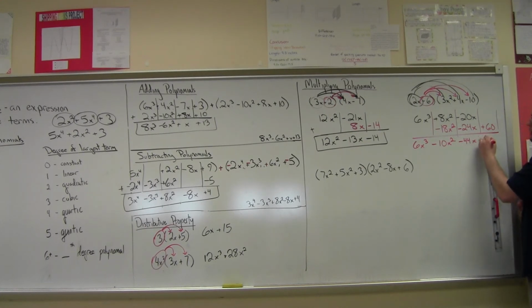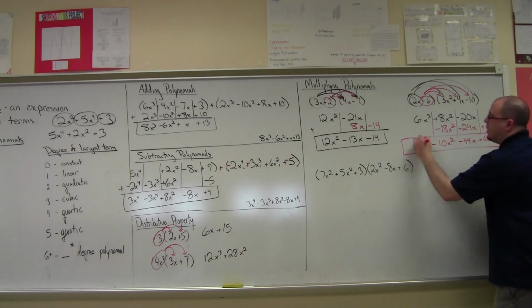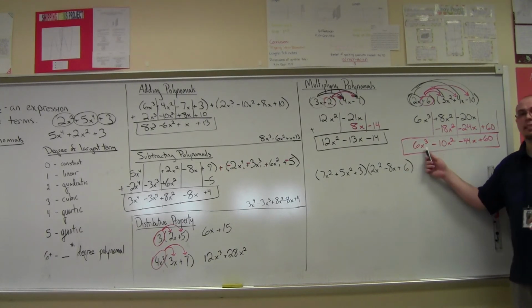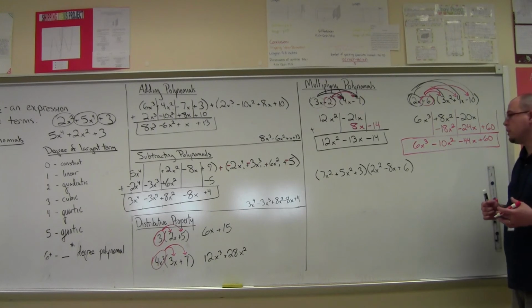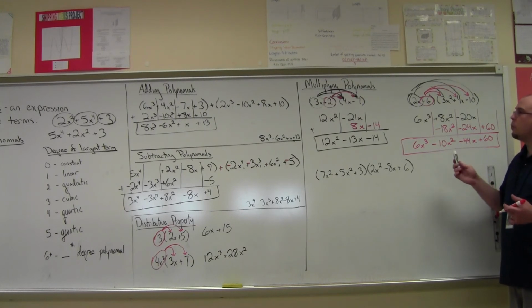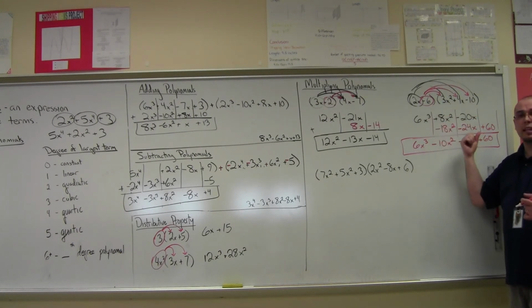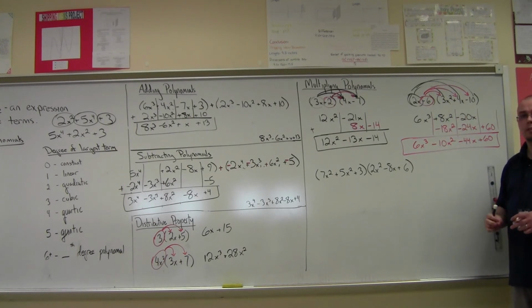And then we have plus 60. And that's it. That's our answer. So we get 6x to the third minus 10x squared minus 44x plus 60. And that's how we're going to multiply these polynomials. Really what you're doing is you're multiplying and then combining like terms, so you're going to be adding as well.